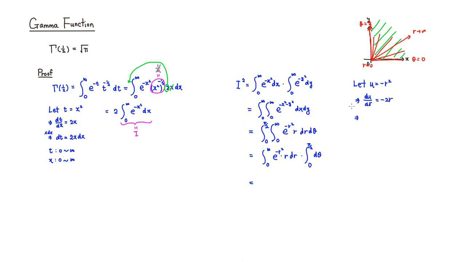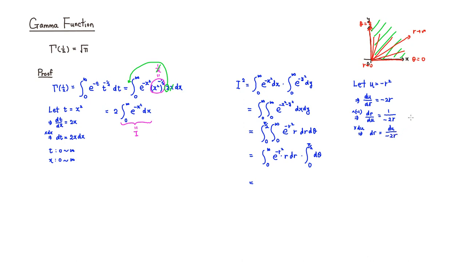Since we're looking for dr, I'm going to take the reciprocal of both sides, so dr over du is equal to 1 over negative 2r. Then multiply through by du so that dr is equivalent to du over negative 2r.